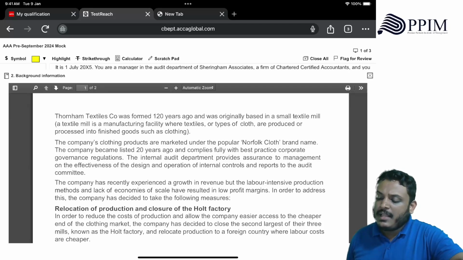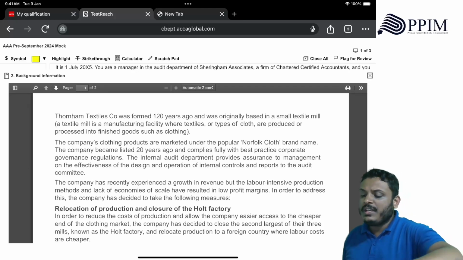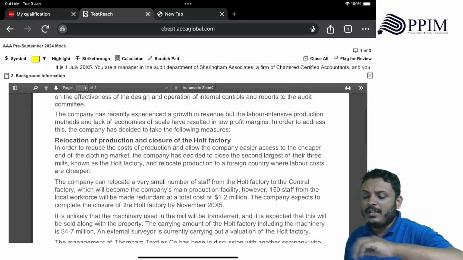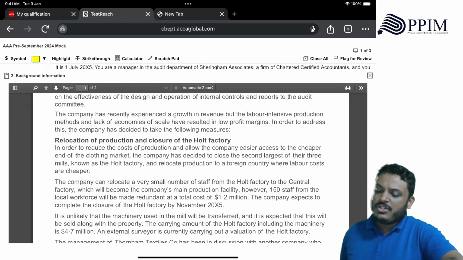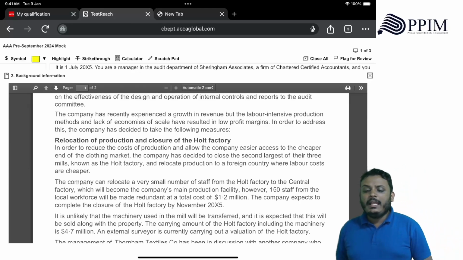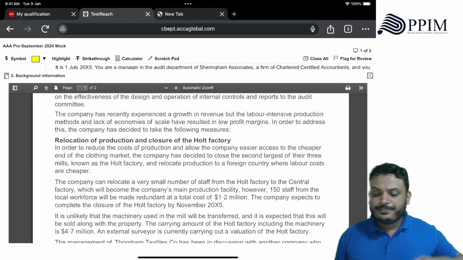The company has decided to close the second largest of three mills, known as Holt factory, and relocate production to a foreign country where labor costs are cheaper.